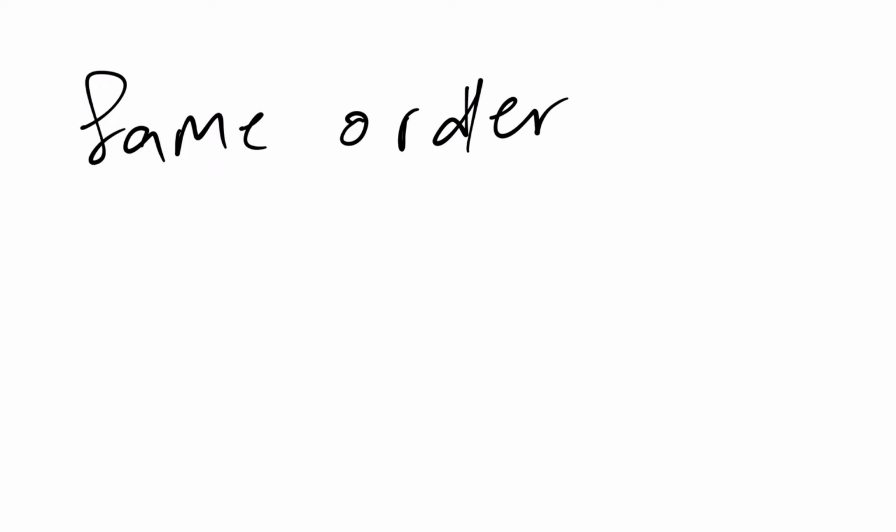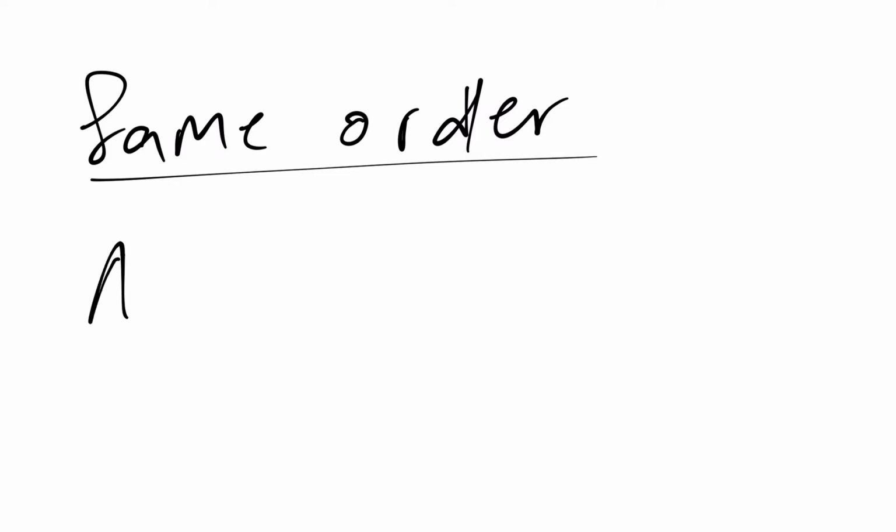So firstly, what we have to know is that when doing matrix addition, we have to make sure that the matrices being added have the same order. That's what is very important. When we're adding matrices, if the orders of the matrices are not the same, you cannot add those matrices.